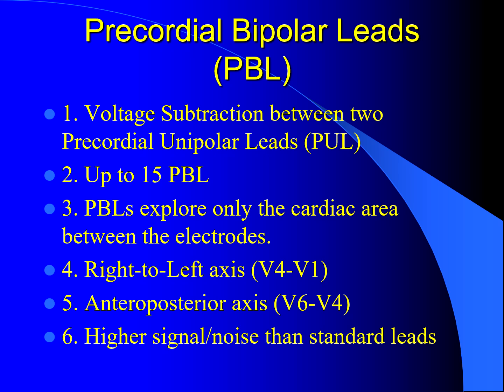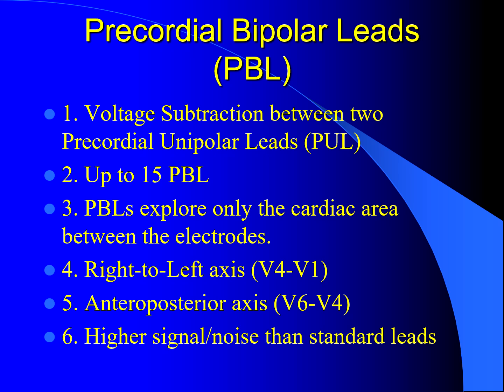The combination of the 6 classic PUL allows the creation of up to 15 PBLs that show the electrical activity of the heart from a different perspective, magnifying the phenomena closest to them and minimizing those that are outside the area covered by the lead.